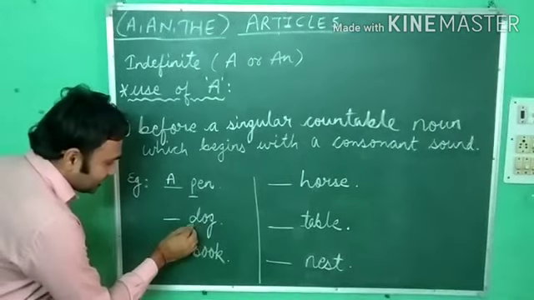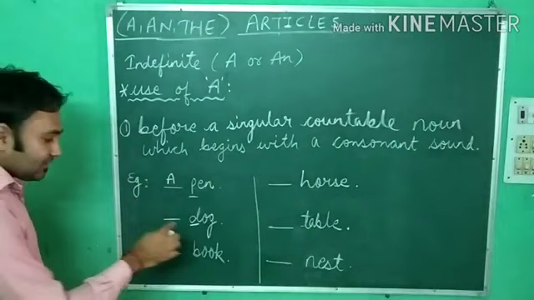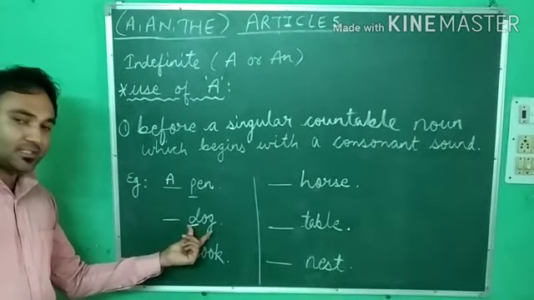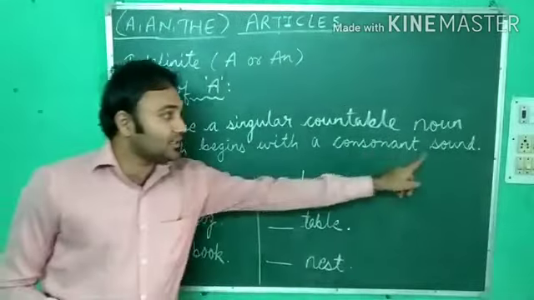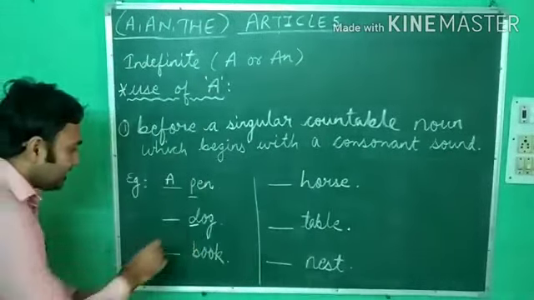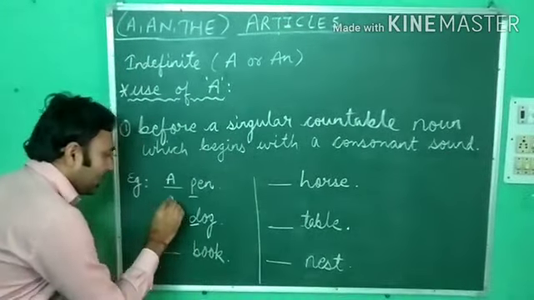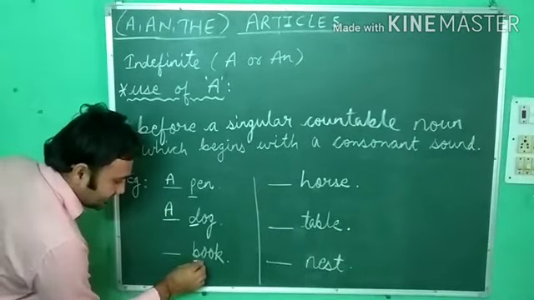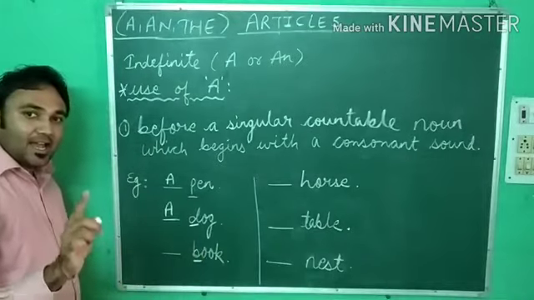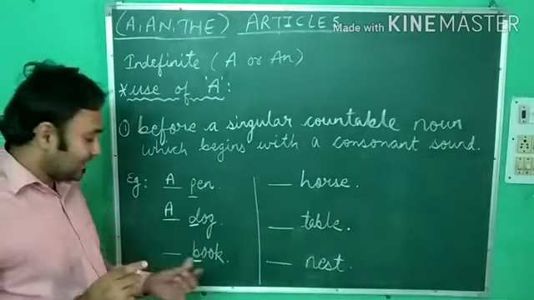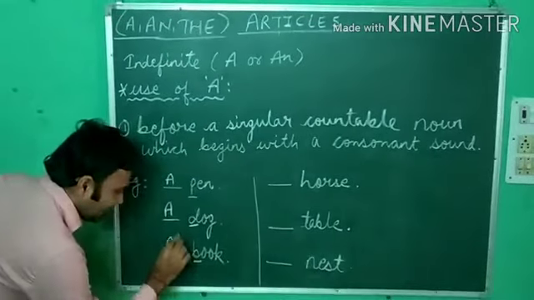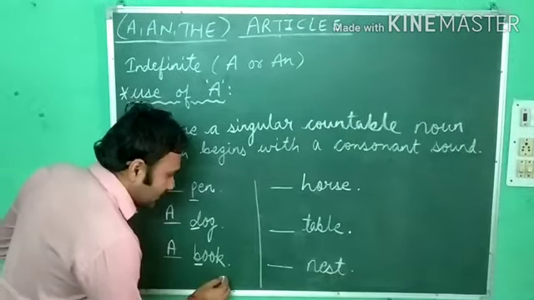When you look at this word dog, the first letter is D, and when we read this word, we get a consonant sound. Hence we will use here a. And when we look at the word book, we again have a consonant sound, that is B. Hence we will use article a over here.